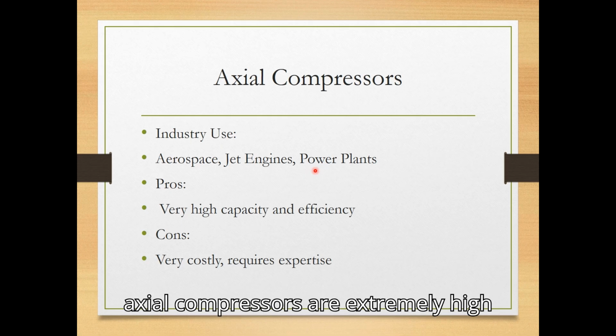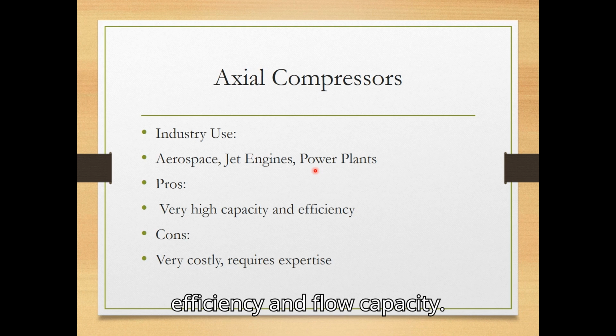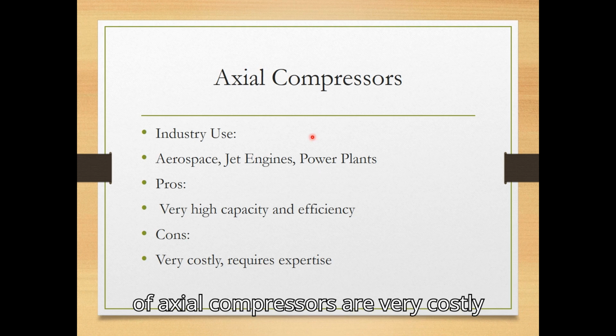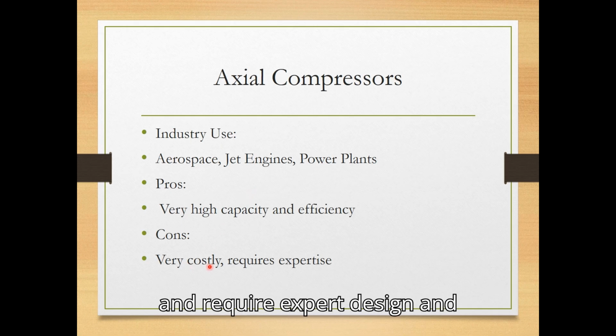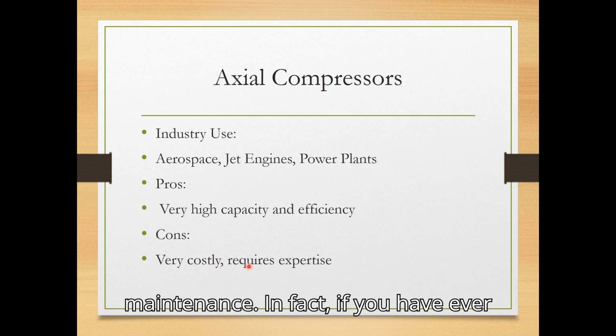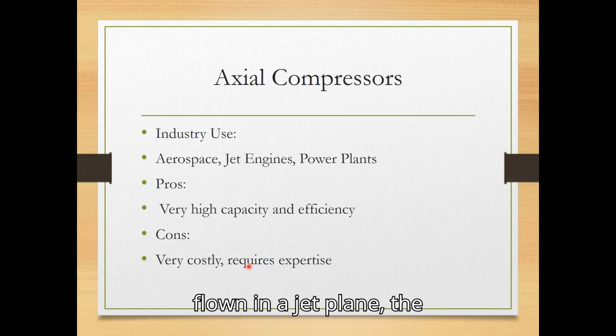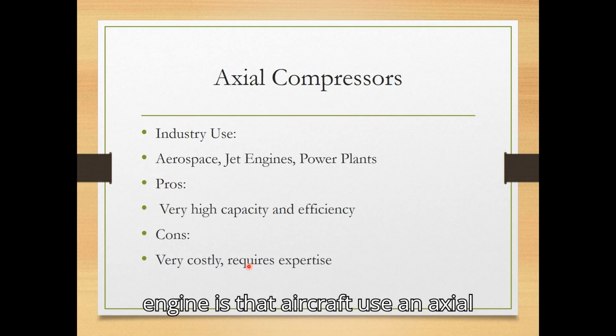The advantages of axial compressors are extremely high efficiency and flow capacity. The disadvantages are that they are very costly and require expert design and maintenance. In fact, if you have ever flown in a jet plane, the engine of that aircraft uses an axial compressor.